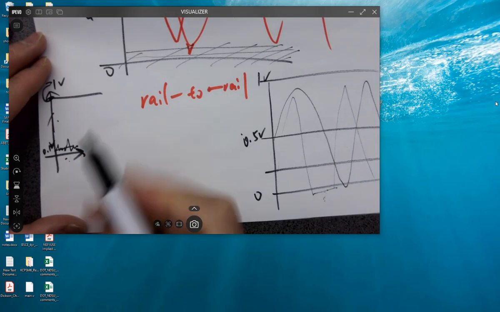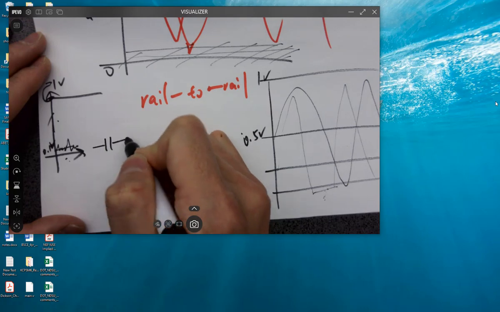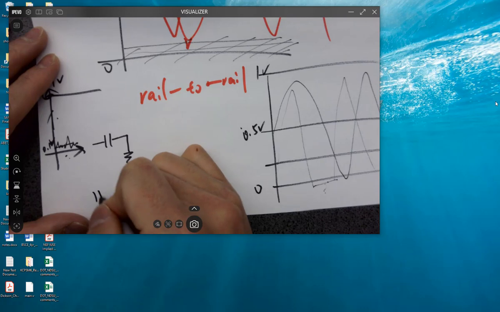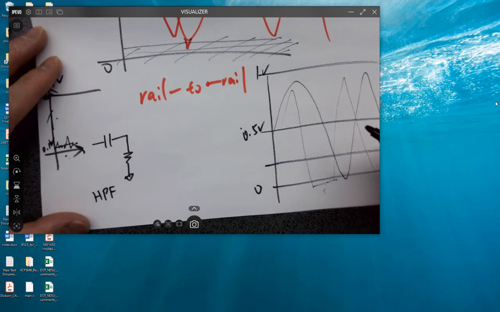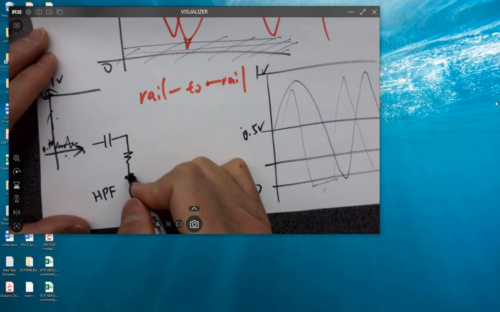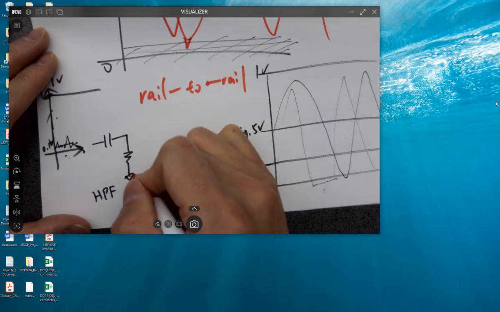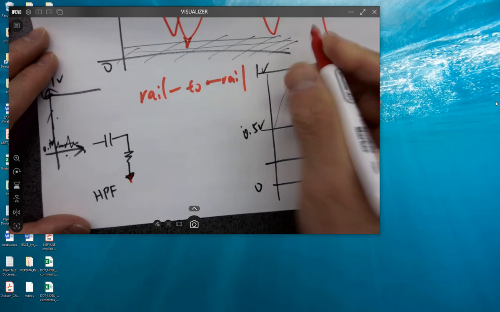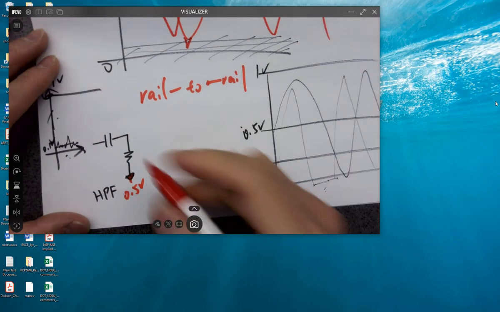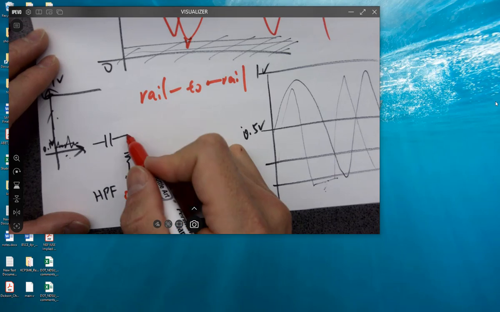So first of all, you need this: a high pass filter, okay? To remove the DC offset. And here, you do a superposition. If it's a 1 volt range, you add 0.5 volts over here. It's a DC voltage, so it's gonna lift that AC signal.